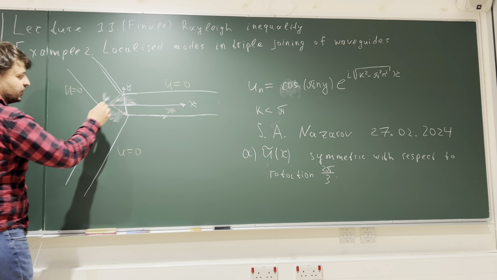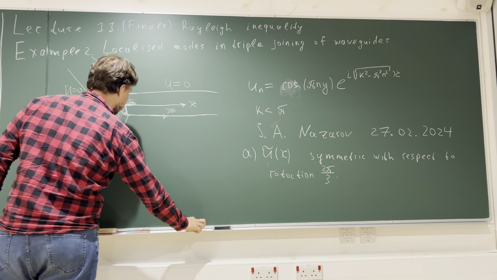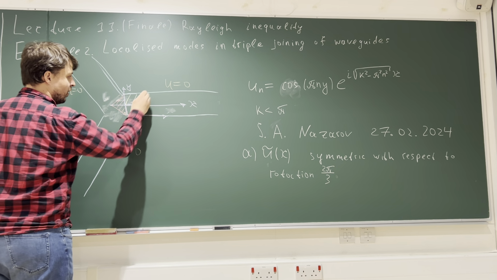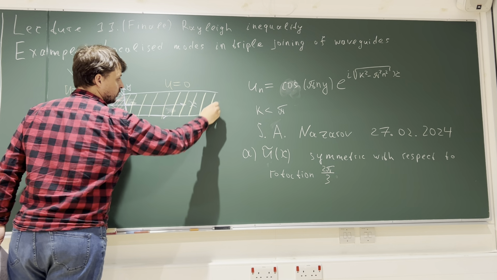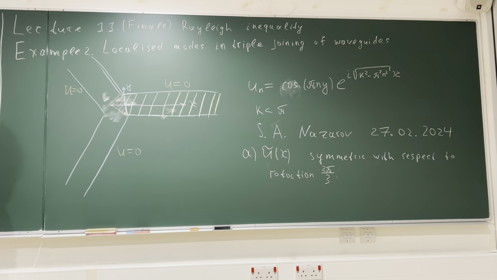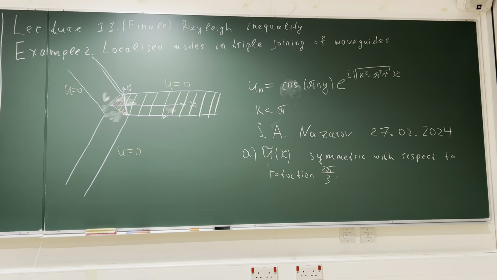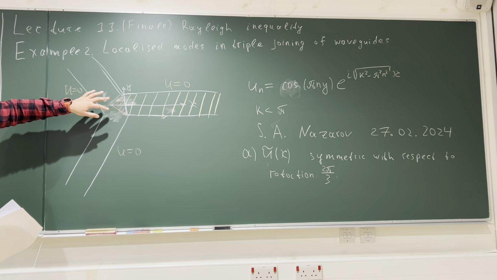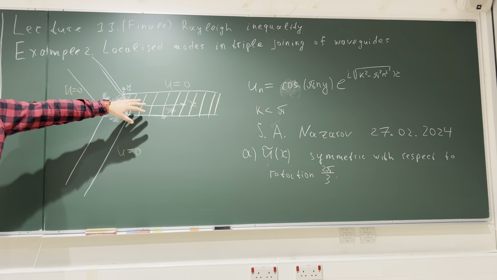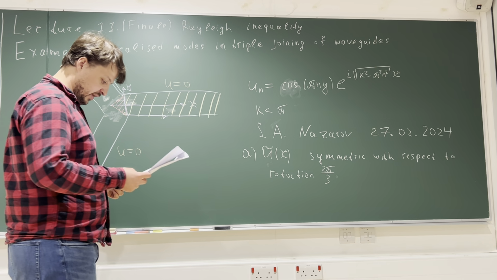So I will consider this bit and this bit. So I build my function here, and then I just multiply by 3 and get it everywhere. I will just integrate all my functions here, and by multiplying by 3 I will get the Rayleigh quotient.